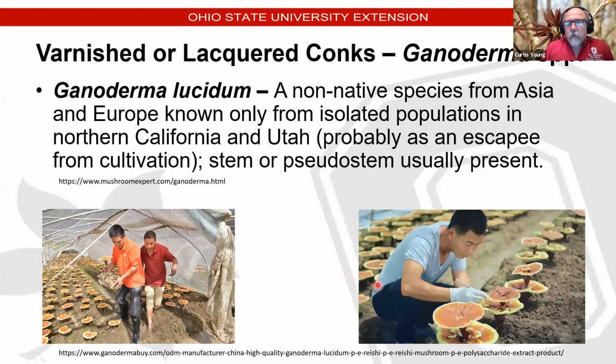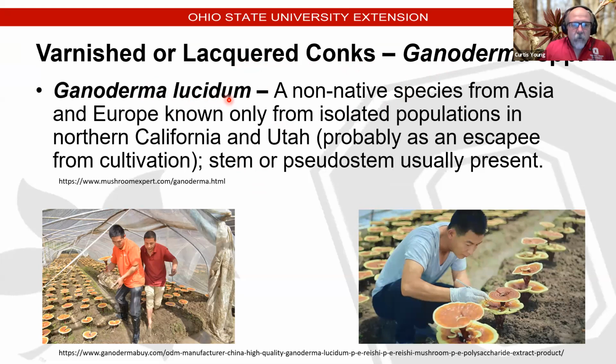Then we get into, here's another confession. These are not my images. These are from Asia, because there's a group of conch-shaped polypores called the varnished or lacquered polypores. And the ones that are most relished in Asia are Ganoderma lucidum.